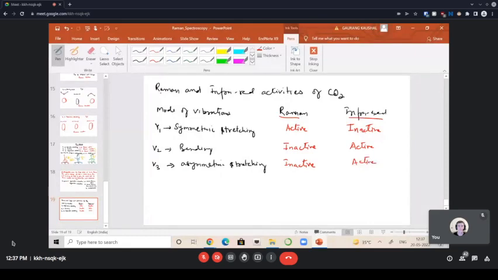So what is the rule of mutual exclusion? If a molecule has a center of symmetry, for example CO2, which has the mirror image of one atom with the other, then Raman active vibrations are infrared inactive and vice versa.